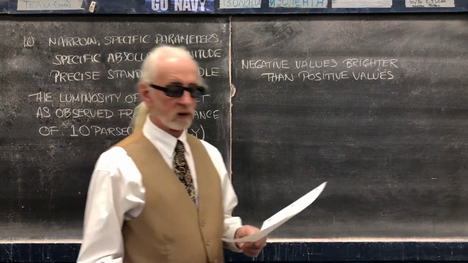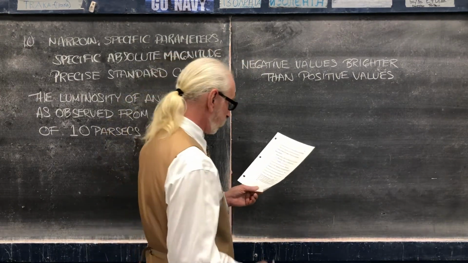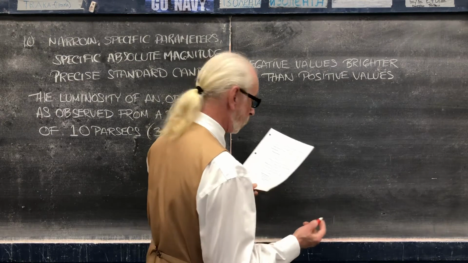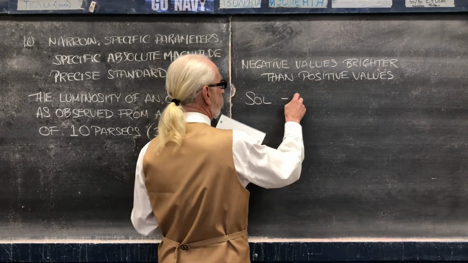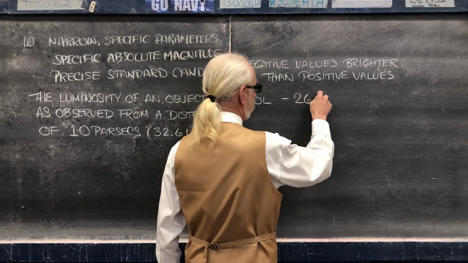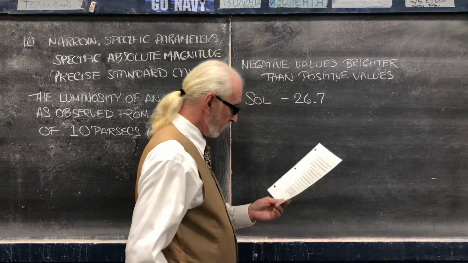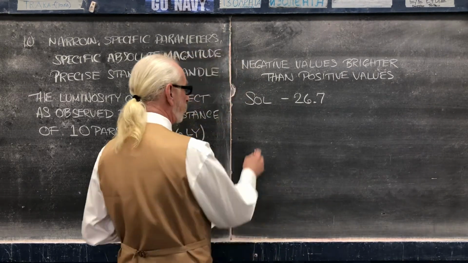All right, now to put this into some more concrete terms, the apparent magnitude of the sun, Sol, as observed from Earth, is negative 26.7. The full moon on a clear night has an apparent magnitude of negative 13.